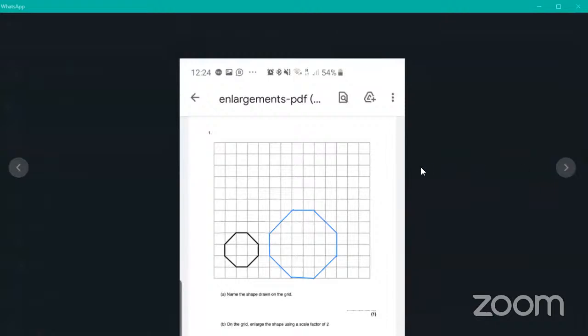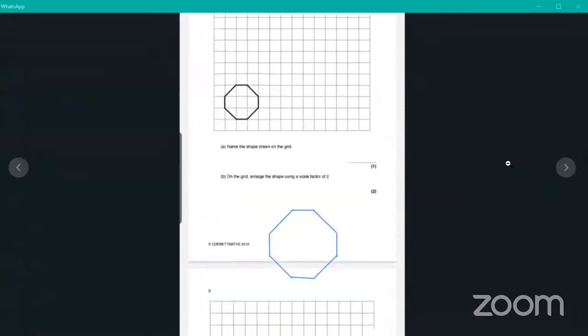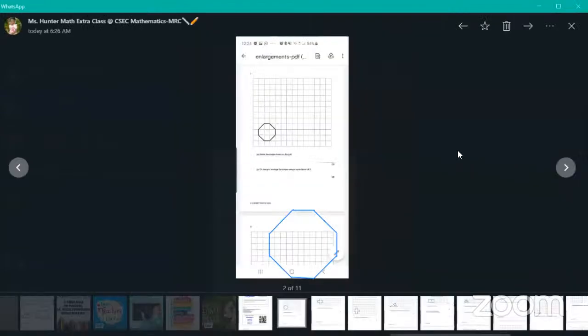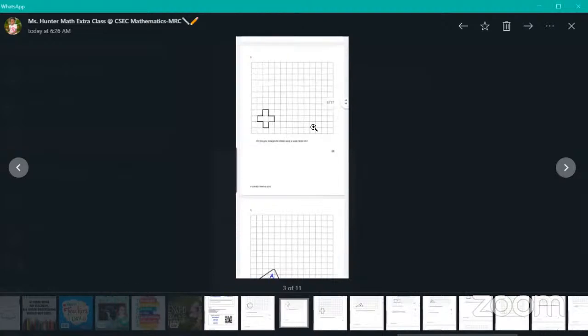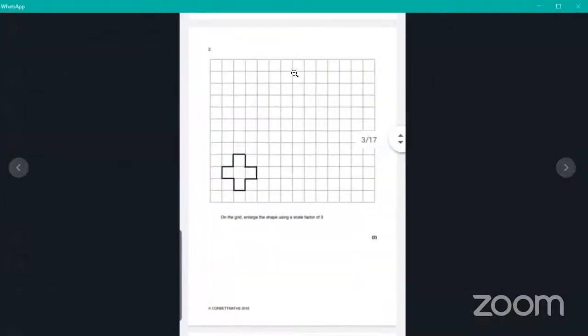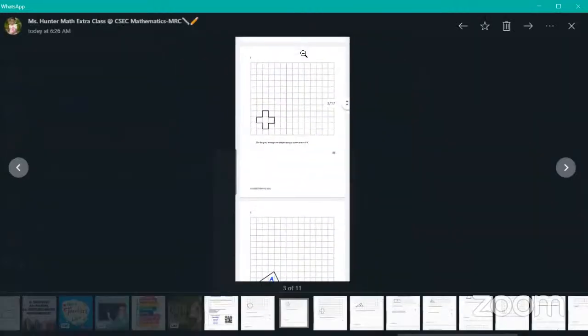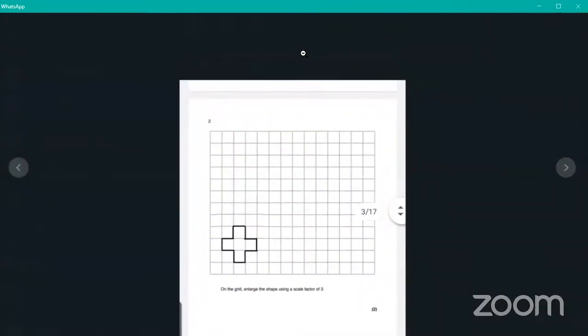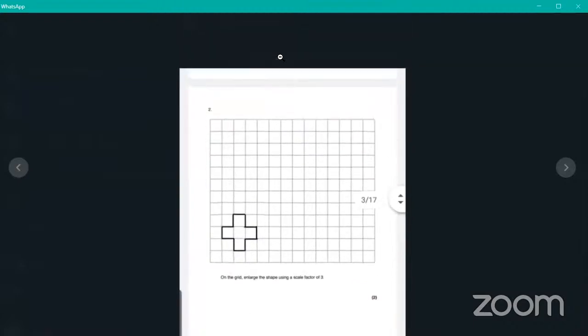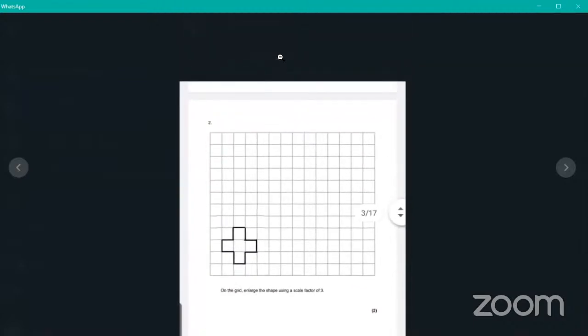All right. So, zoom it up a little more. Zoom it up. I can't zoom it any more than how it is now.